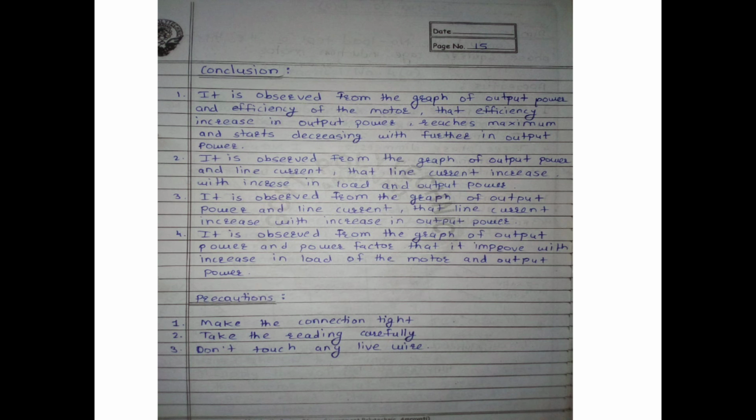Third, it is observed from the graph of output power and power factor that power factor improves with increasing load of the motor and output power. So this is the conclusion.